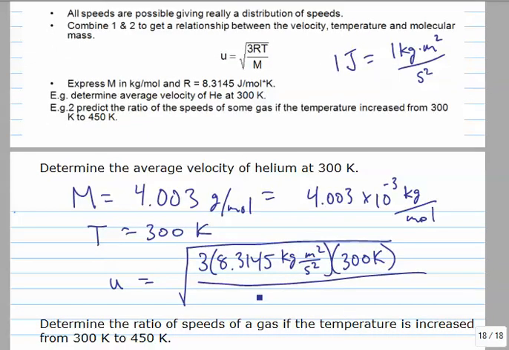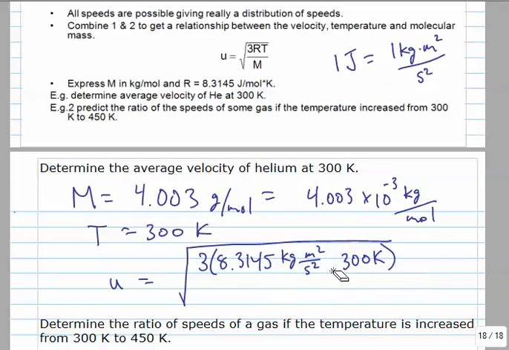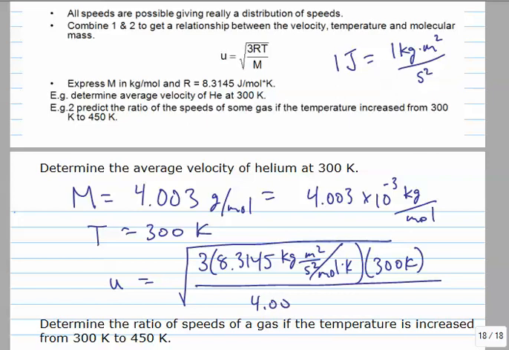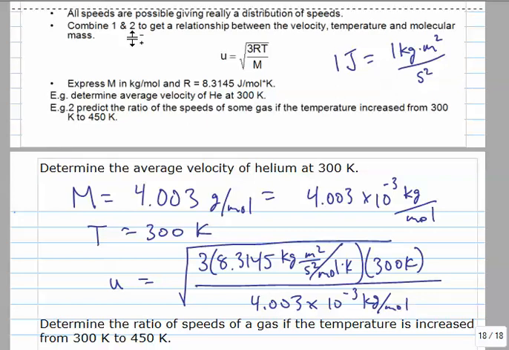I think I forgot my units here. Let's correct these. So this is kilograms meter squared per second squared per mole Kelvin, times 300 kelvins, divided by our molar mass, 4.003 times 10 to the minus 3 kilograms per mole.